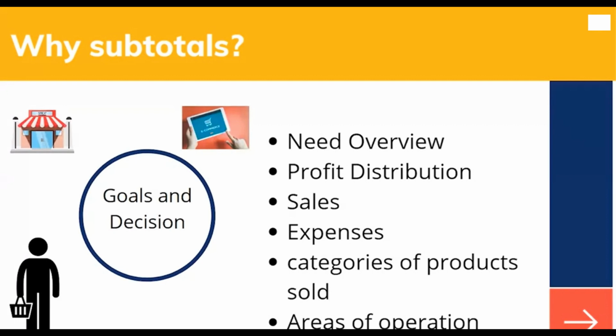When it is nearing a shutdown, they want to identify which areas they should operate on and which areas they shouldn't. If they have to figure out all such information, this concept of total and subtotal is going to be helpful for them.